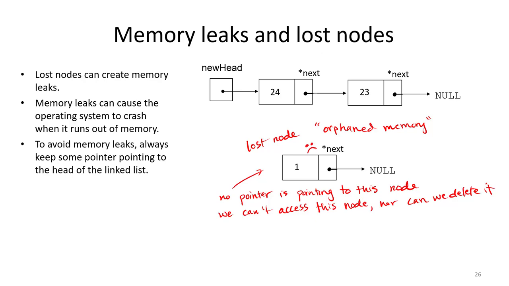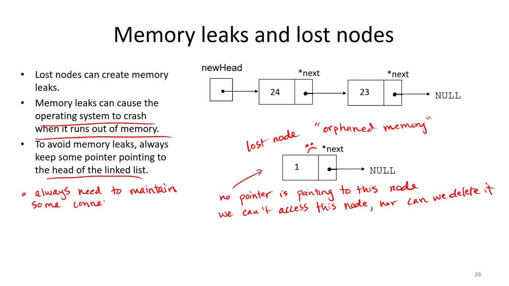These nodes will just be sitting in our memory, potentially clogging up our memory and eventually causing the system to crash when we run out of memory that we can use. So it's very important when working with linked lists that you always keep some pointer pointing to the head of the linked list, and you always maintain some connection to your nodes using pointers.